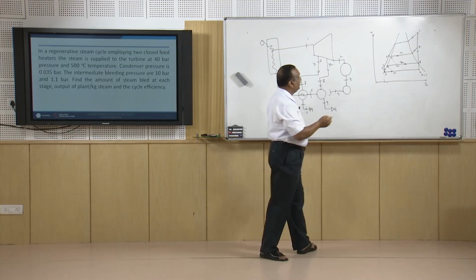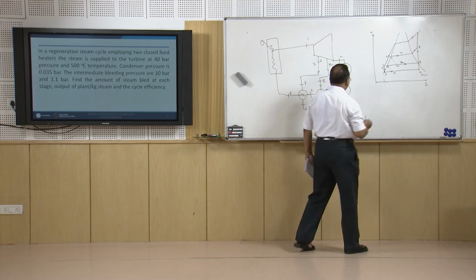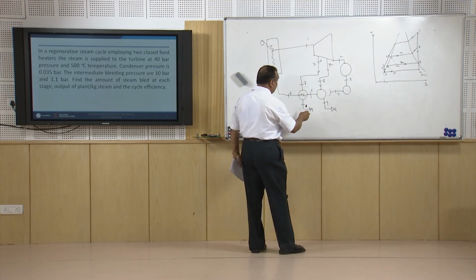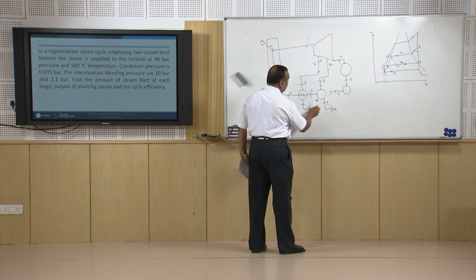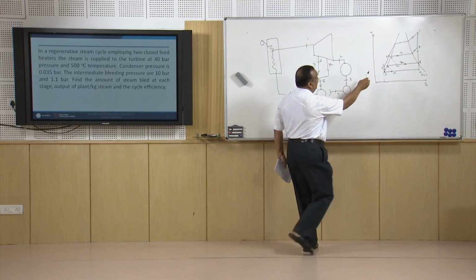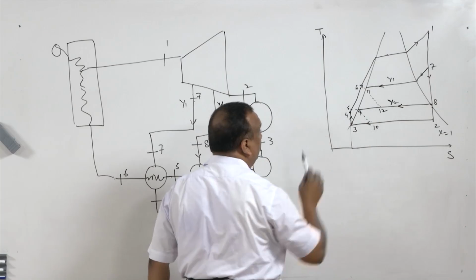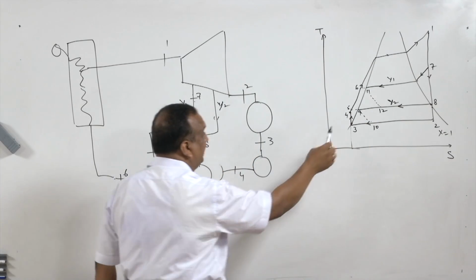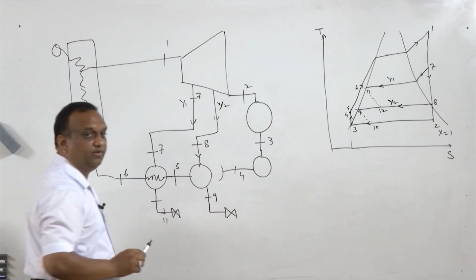Students are often confused why this expansion is taking place. It is taking place, otherwise we cannot mix this water with this water. After condensation the enthalpy is still quite high, at 11 also the enthalpy is high. This enthalpy can further be used for heating this feed water.